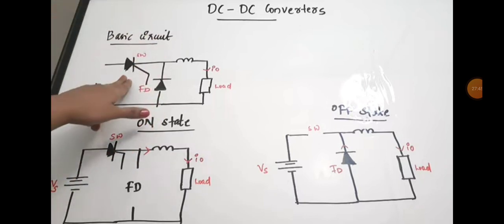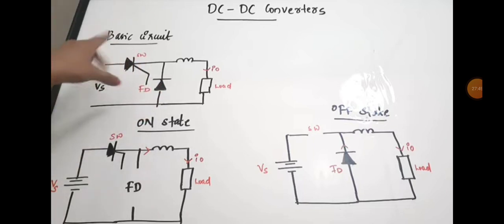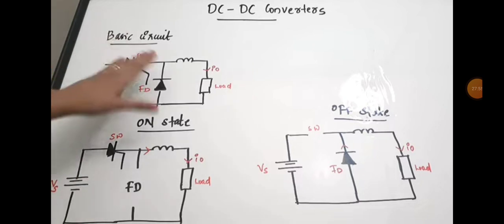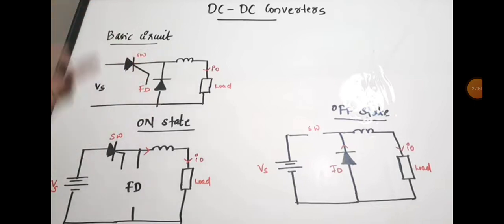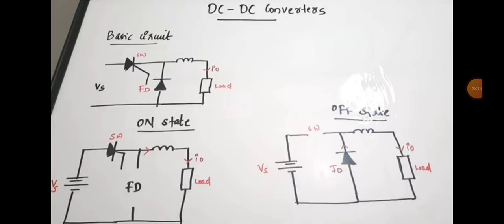Okay, and this is the switch, and with the help of this thyristor, this SCR or the switch, the circuit is getting connected and disconnected. This switch is operated at a very high speed, and we know that for SCR there are triggering mechanisms, right? Triggering on and triggering off.